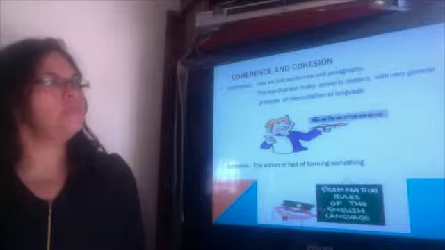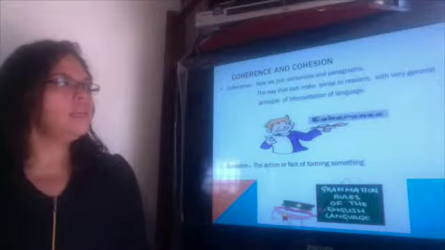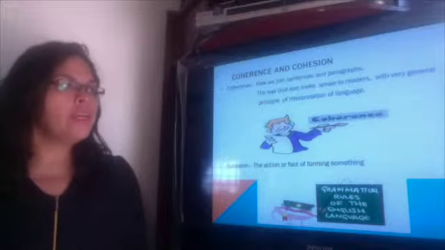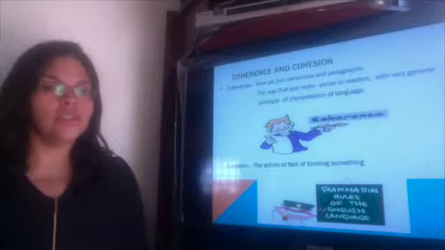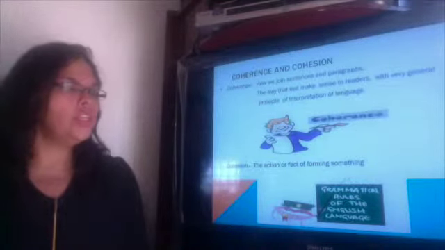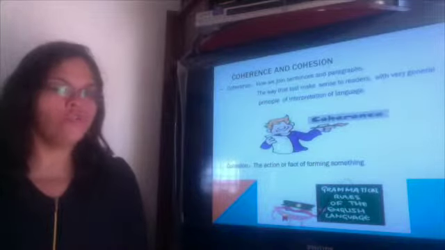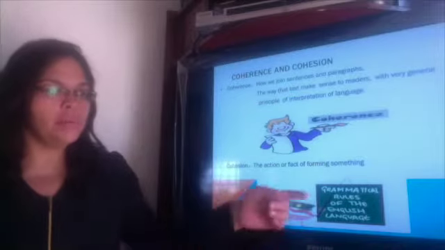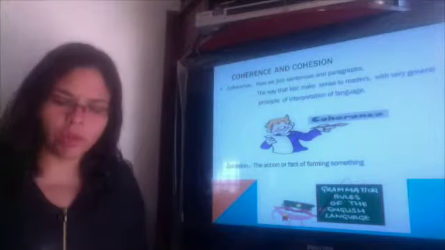Coherence and cohesion. Coherence is the way that we join sentences. That's the way that the text makes sense for the readers. And cohesion is the action or fact of forming something, especially when we are talking about grammatical rules of the English language.